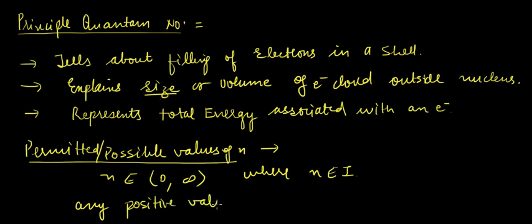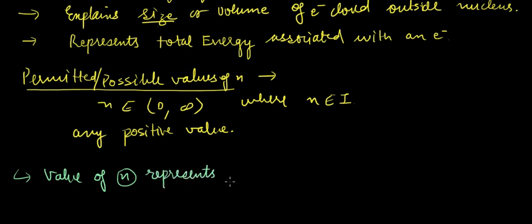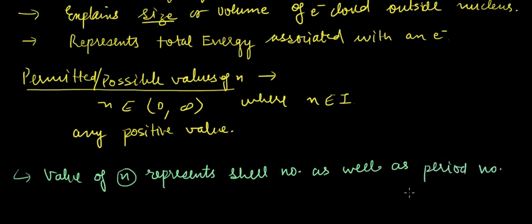is acceptable. Okay, so value of n represents shell as well as the period number of atom of element. Value of n represents shell number as well as period number of atom.